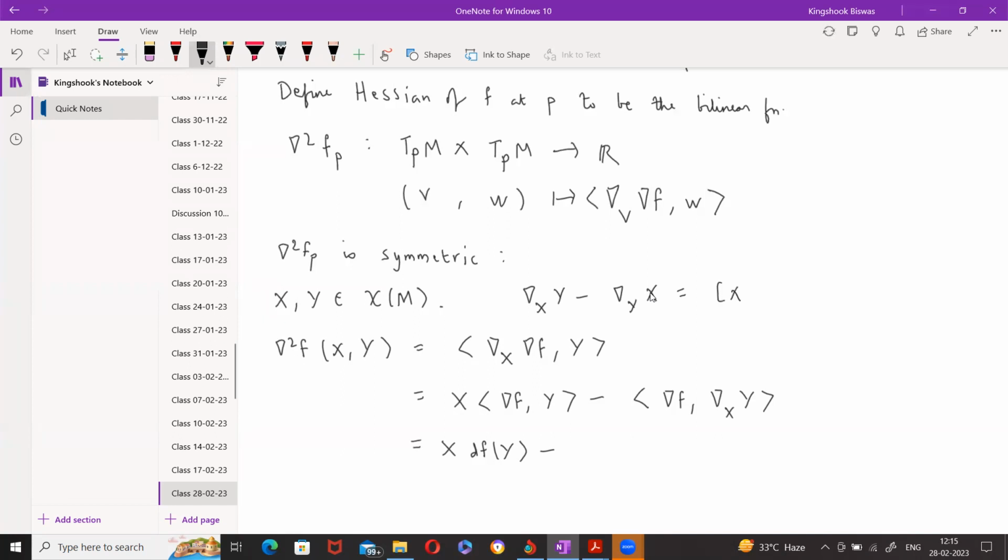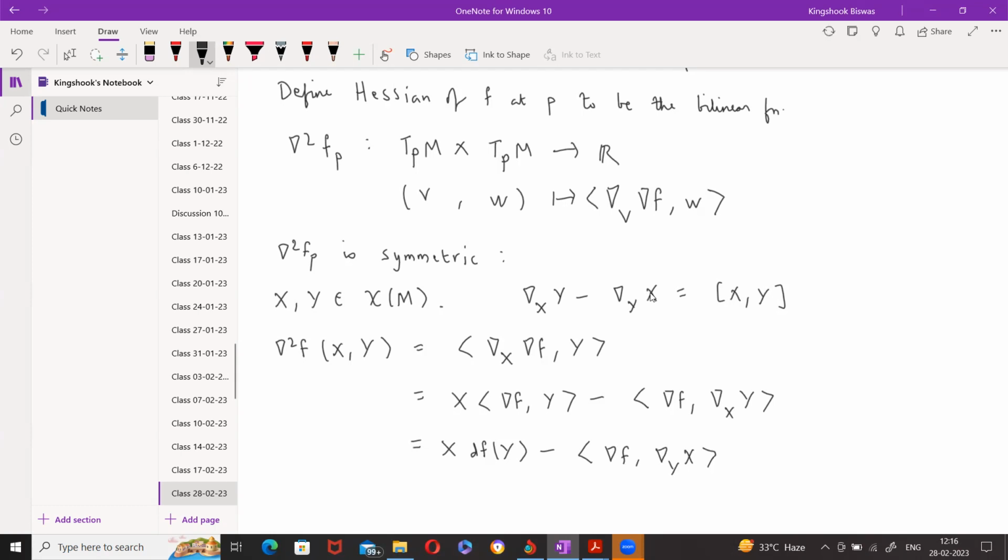So this minus nabla_X Y, I can replace by minus nabla_Y X, and then there will be a bracket term.